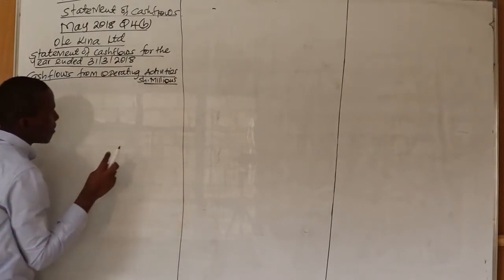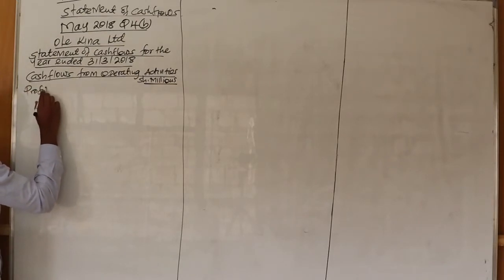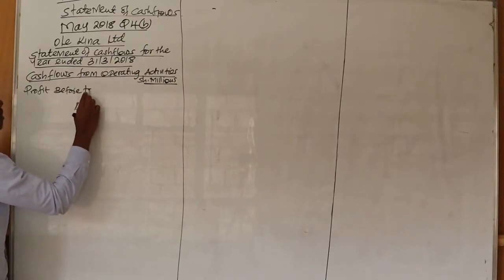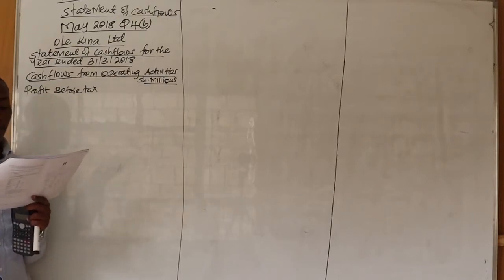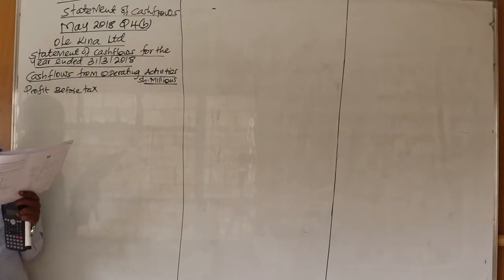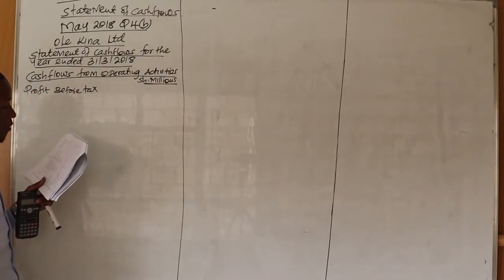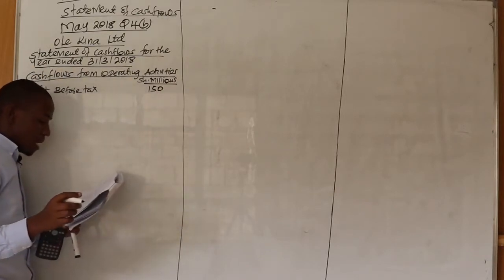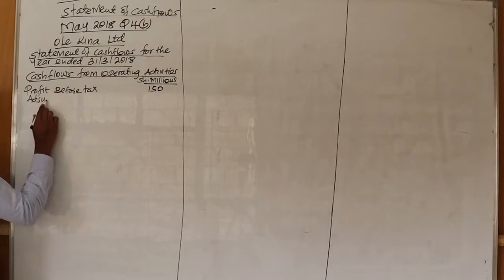So we'll begin with the profit before tax, that is before you deduct the taxation. When you take the income statement, we've been given the profit before tax, which is after you've deducted the interest paid. Profit before tax in that case was 150 million. So in that case, you'll now go to adjustments.